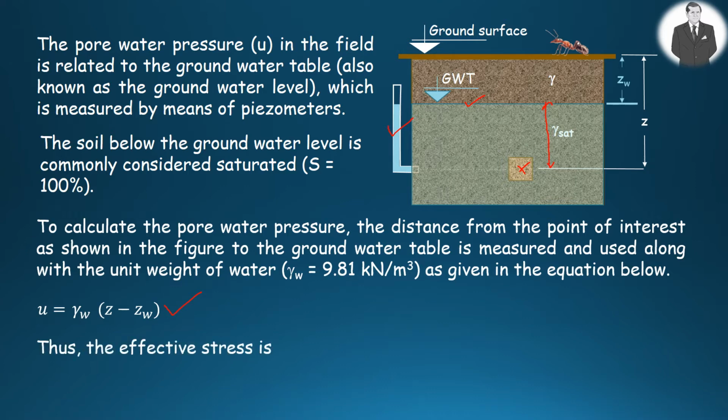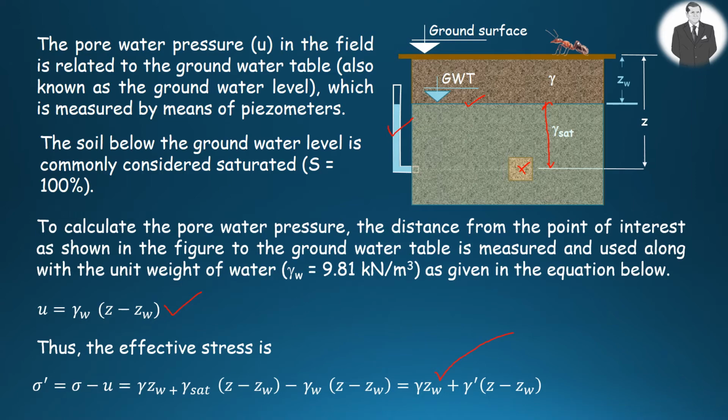Therefore, the effective stress is the difference between total stress and the pore water pressure. If the expressions are put in their places in the equation, and if sigma prime, which is the effective stress, is rearranged, we get sigma prime in the form as presented here.